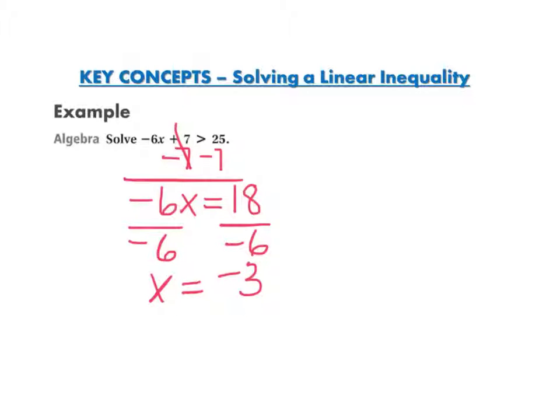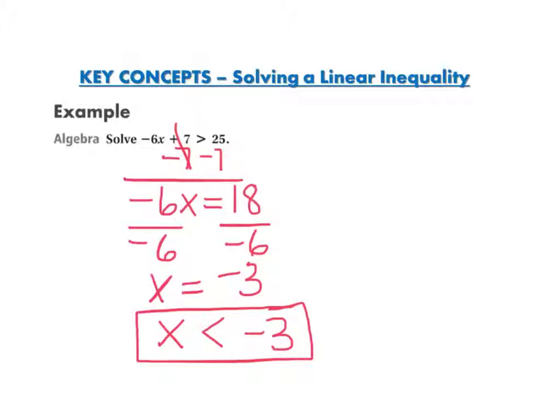And in all reality, it is greater than, but because I divided by a negative number, I'm going to flip the symbol of inequality. So instead of greater than, it's now going to be less than. And my final answer is x is less than negative 3. That means if I could pick any number less than negative 3, it would make that original inequality true.